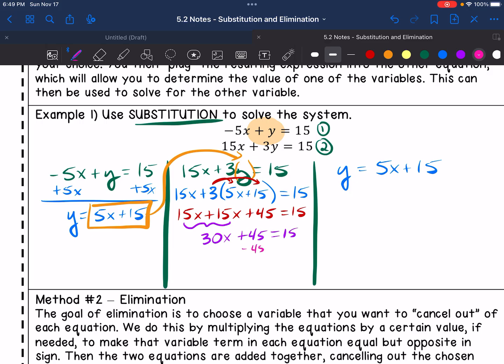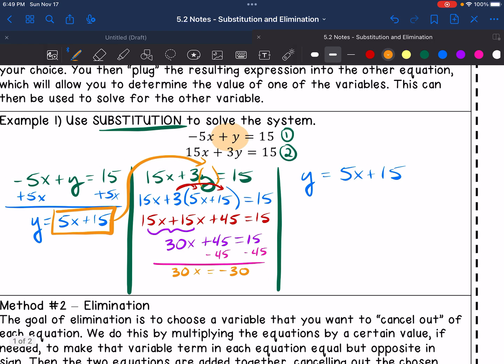Next, I'm going to subtract 45 from each side so that I can get the x by itself. So that's going to give me 30x equals negative 30. And then my last thing to do is to divide each side by 30 to get x by itself all the way. And I get x equals negative 1.